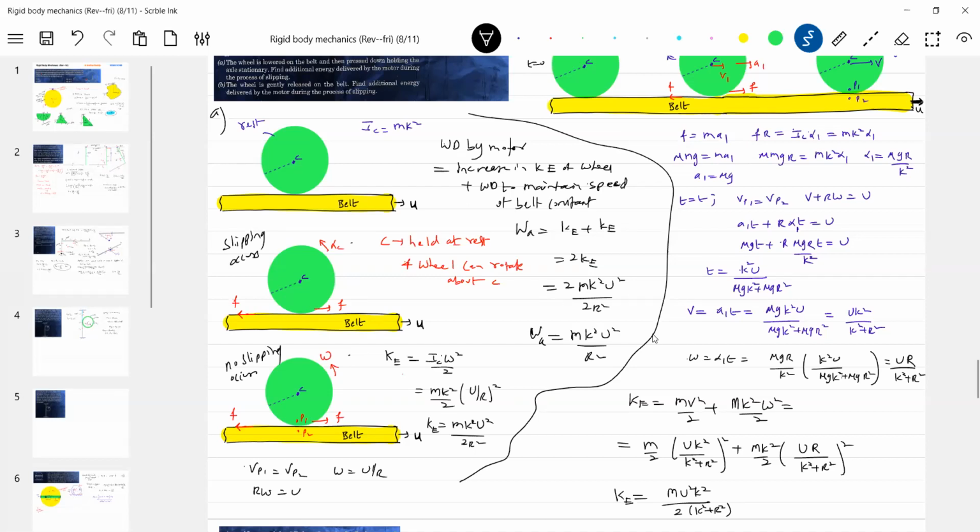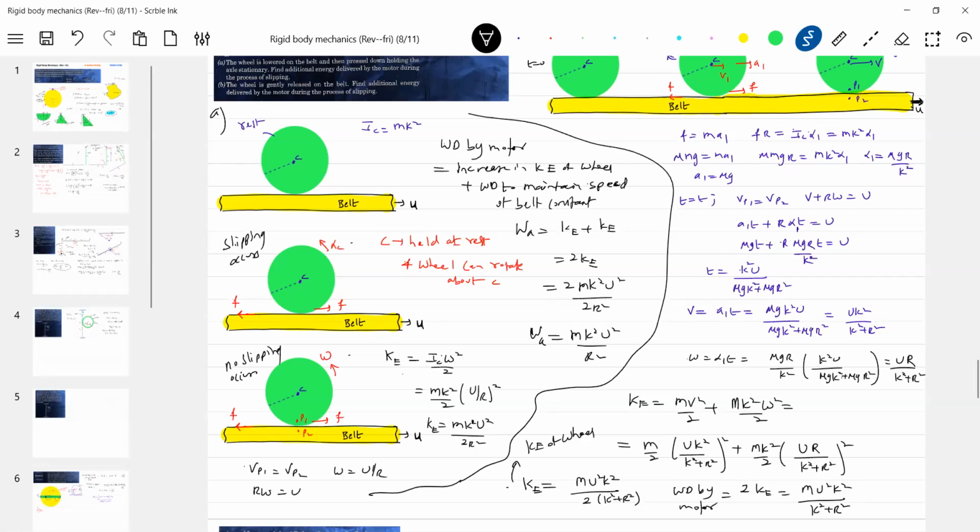So the work done by the motor on the system will be twice of this. We should write it as: work done by the motor should be equal to 2 times KE.